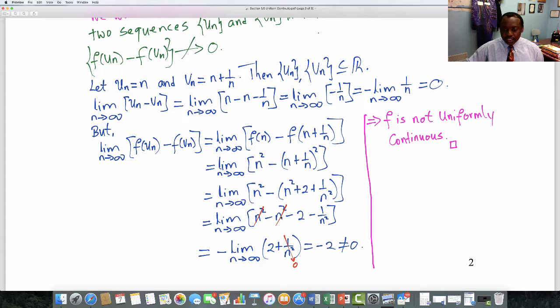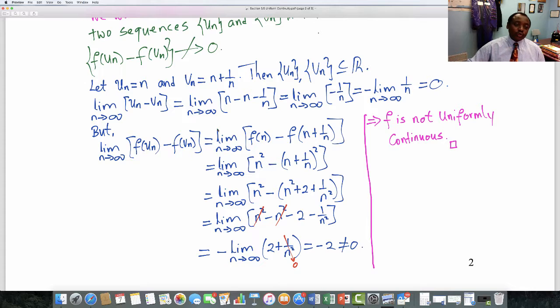The n squares will cancel out. We end up with negative, using the constant multiple limit theorem, the limit as n approaches infinity of 2 plus 1 over n squared. The component 1 over n squared as n approaches infinity converges to 0. So all of this converges to negative 2, which is different from 0. Therefore, f is not uniformly continuous.